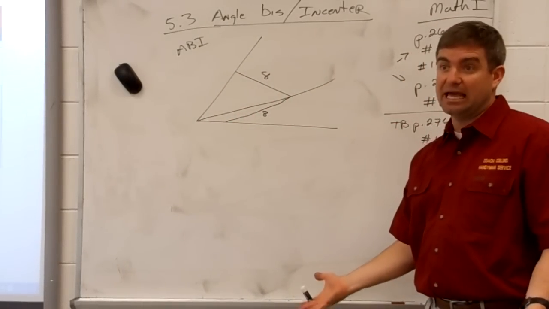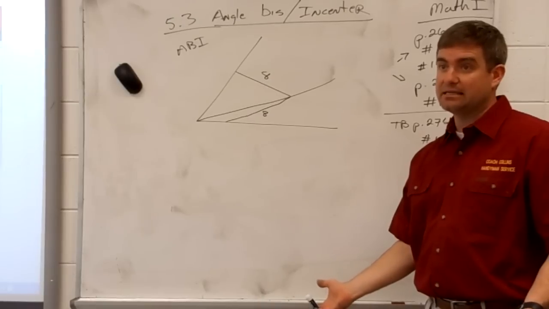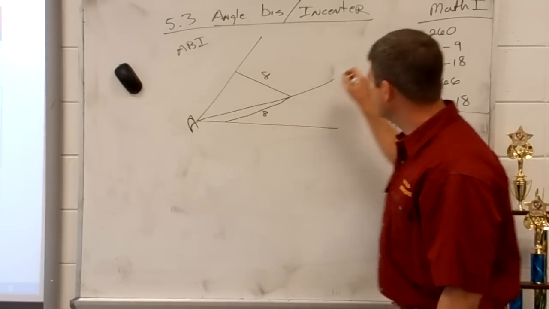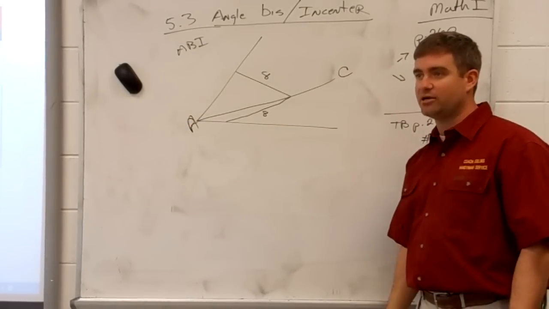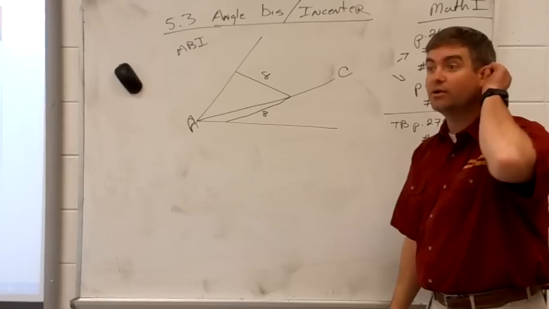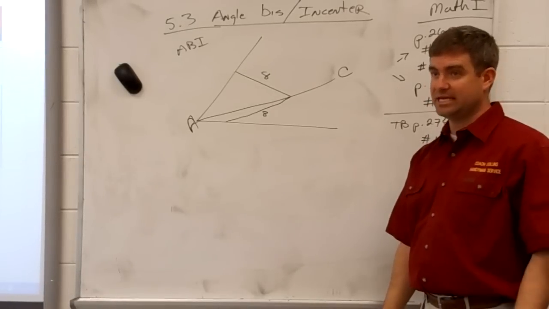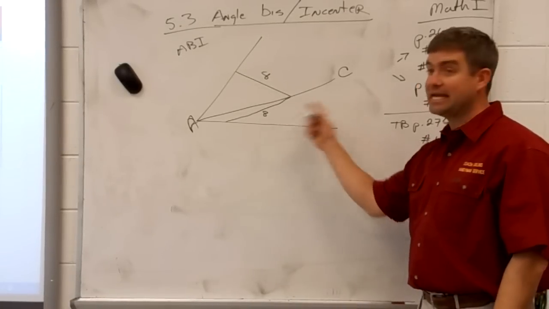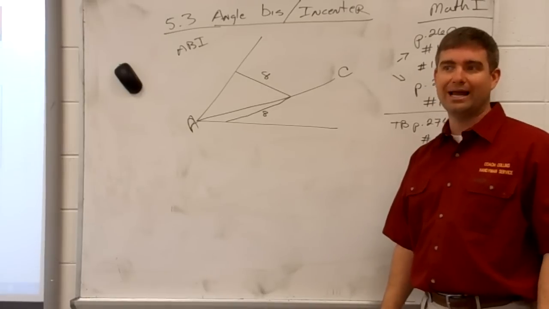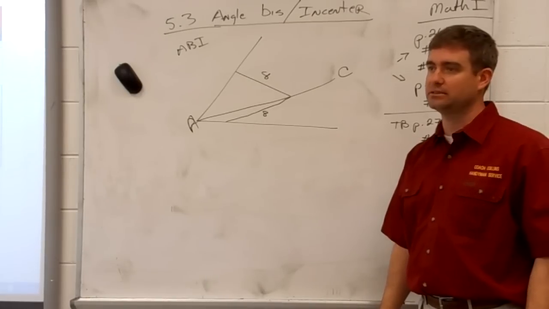They're the same length. 8 equals 8. But is AC the angle bisector in this case? No. Why not? Because you don't see the box. So your answer would be no. Why not? Because you don't see the boxes.